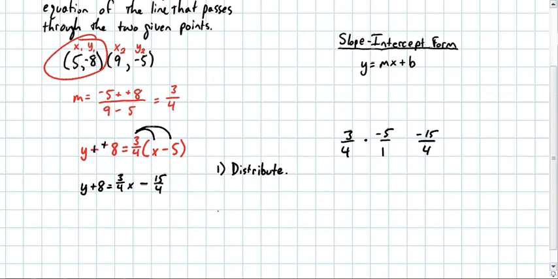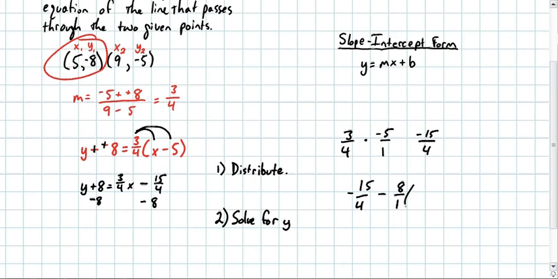And then the second thing I have to do is solve for y. And to do that, you either add or subtract whatever is next to the y. So in this case, it is a positive 8, so I'm going to subtract 8 from both sides. I'm running into a problem because 8 and 15/4 don't have the same denominator. So let's change that up. So I've got -15/4, and I want to subtract 8 over 1.